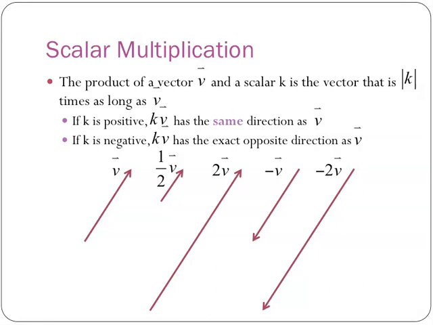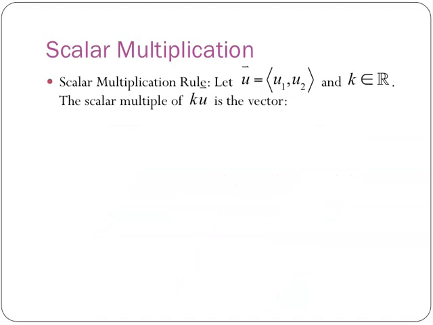Okay, so how do you actually apply this when you have a vector that's in its component form? The scalar multiplication rule is you take some vector, let's say vector u here, with components u1 and u2, and k is a real number. Then the scalar multiple of k times vector u is going to be this vector here.